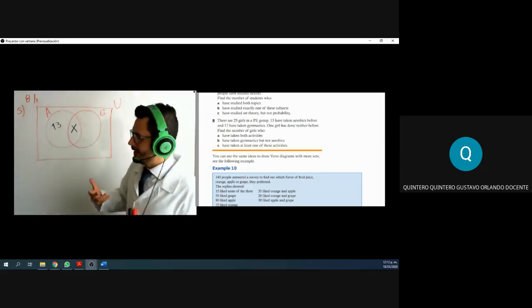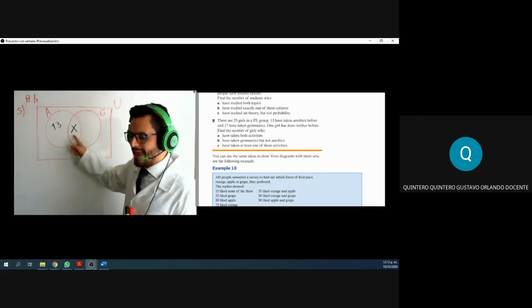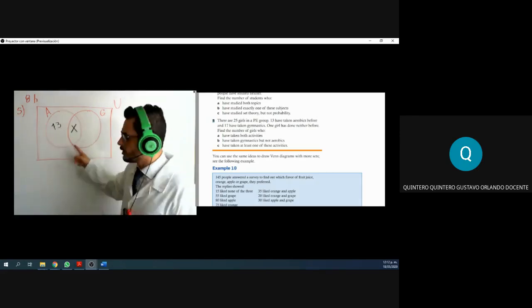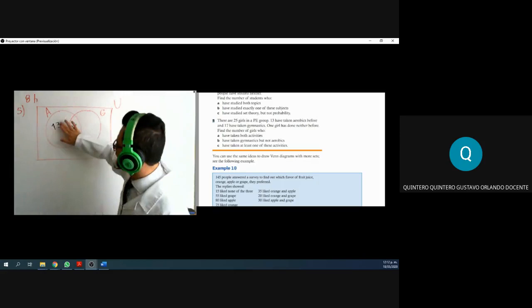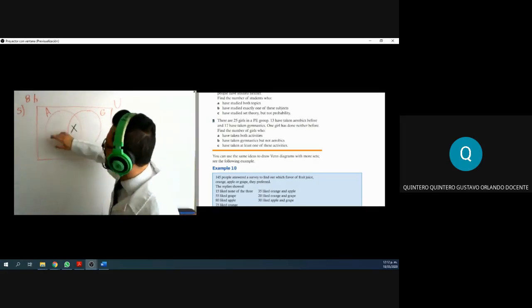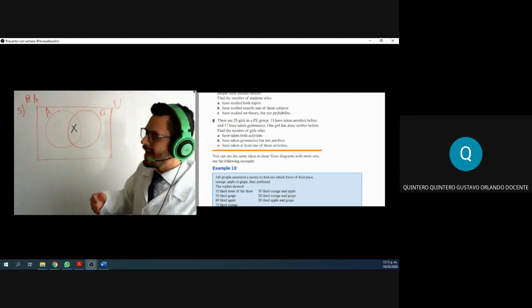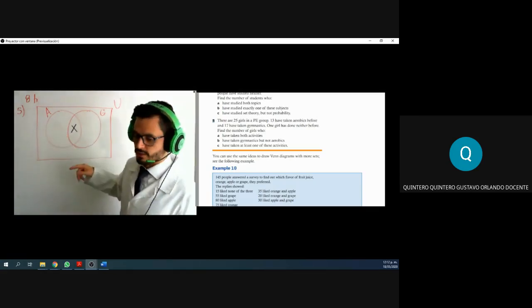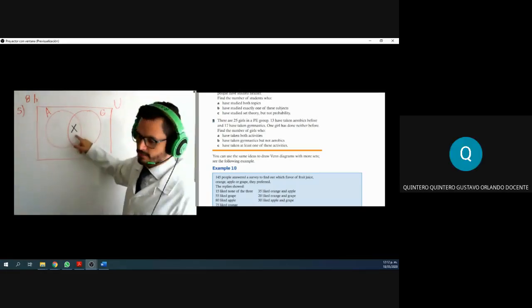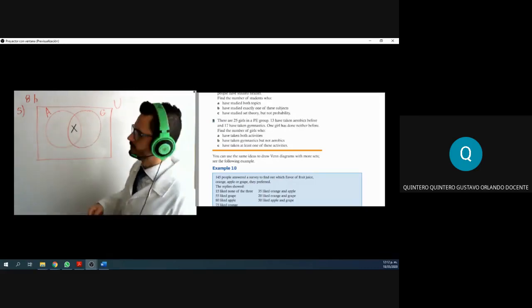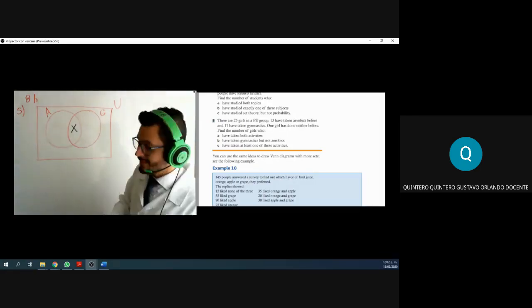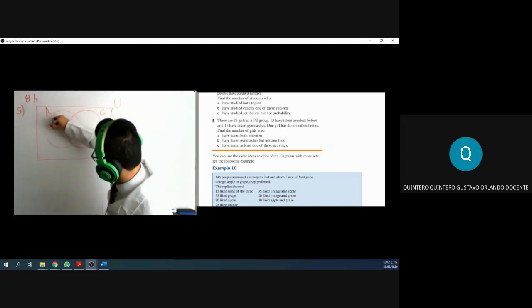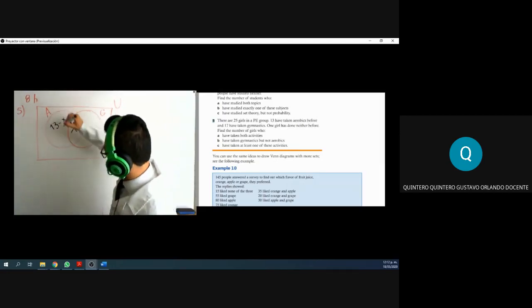What I'm saying is we need to count the X as a part of aerobics, meaning this 13 cannot go entirely there. There has to be a number lower than 13 if X is bigger than 0. So we do it like this: 13 minus X.